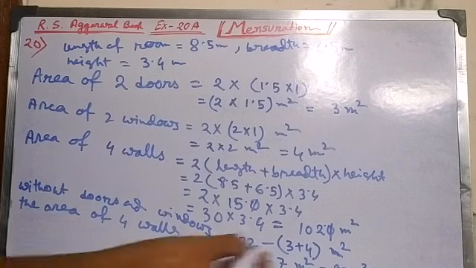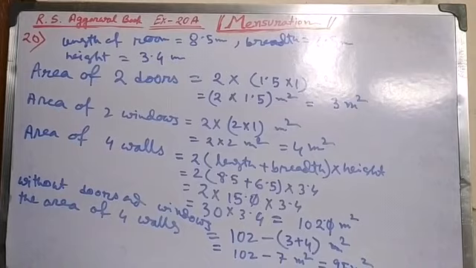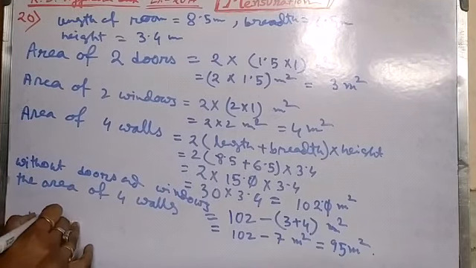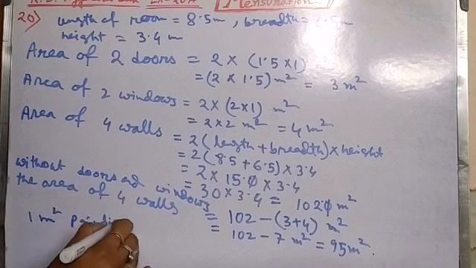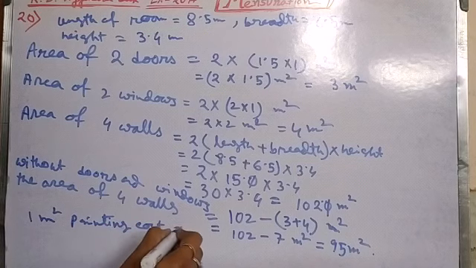So what will be the cost of 95 meter square painting? Now 1 meter square painting cost rupees 160.